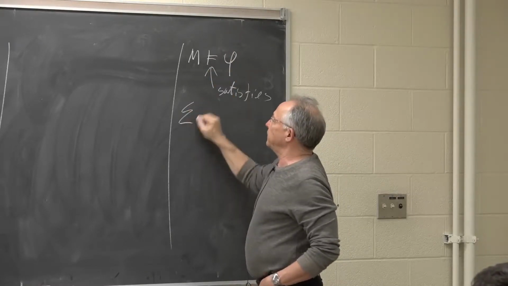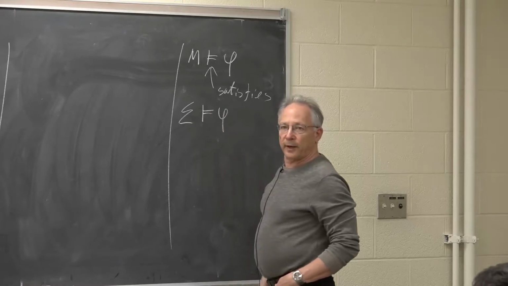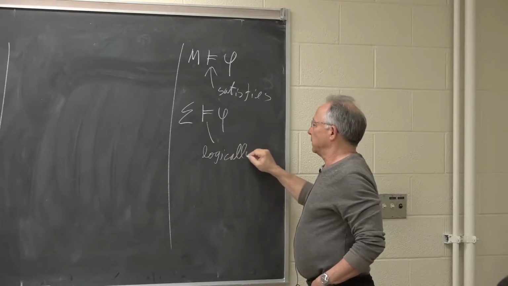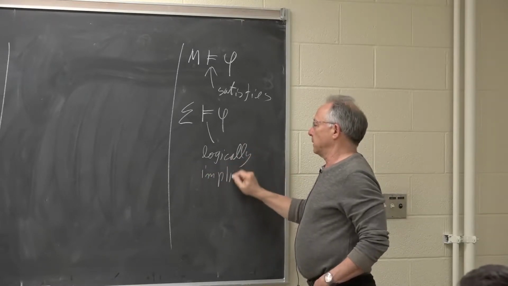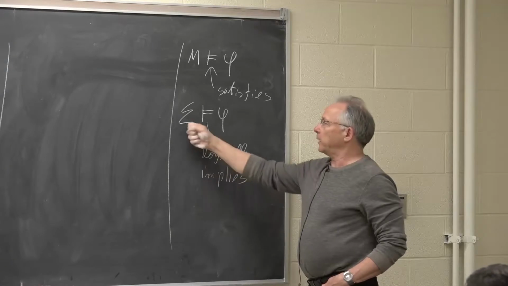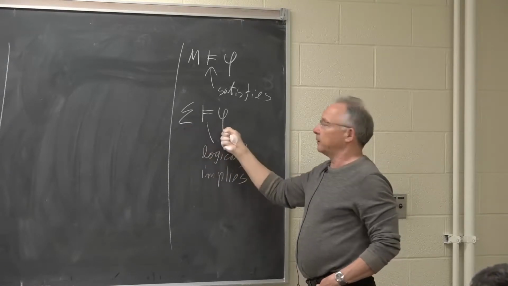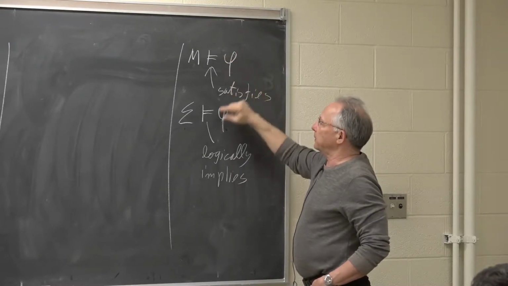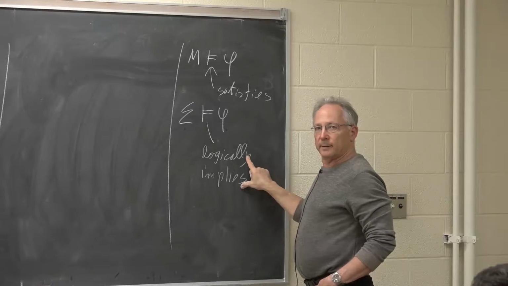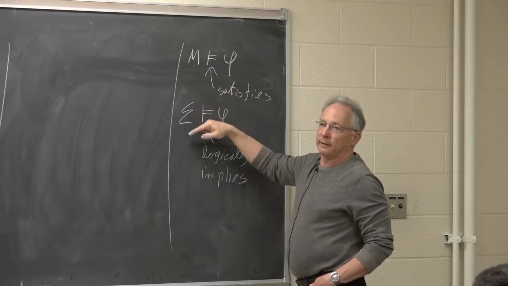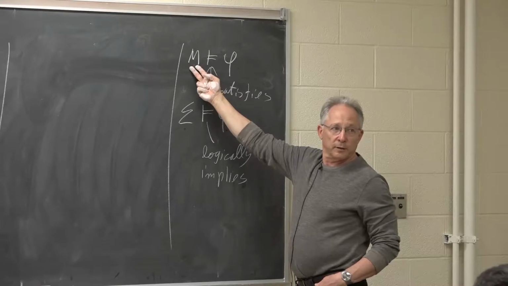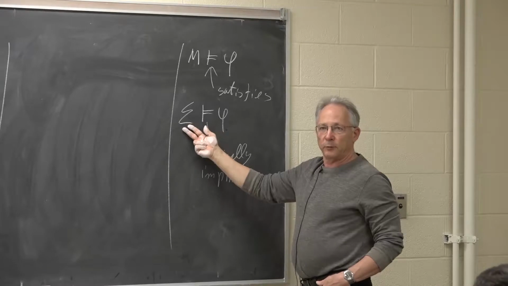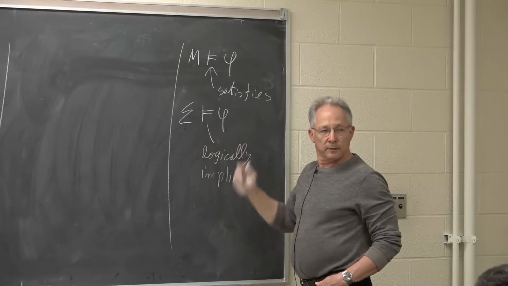If I write here sigma implies phi, what I mean here is logically implies, which means for every structure that makes all of those true, this is also true. And the only way to distinguish whether I'm talking about satisfies or logically implies is what I have on the left-hand side. If on the left-hand side I have a structure, then it is satisfiability. If on the left-hand side I have formulas, then it's logical implication.